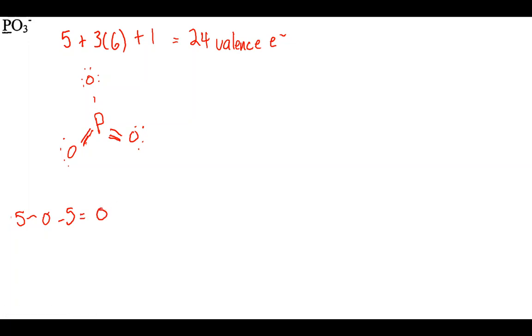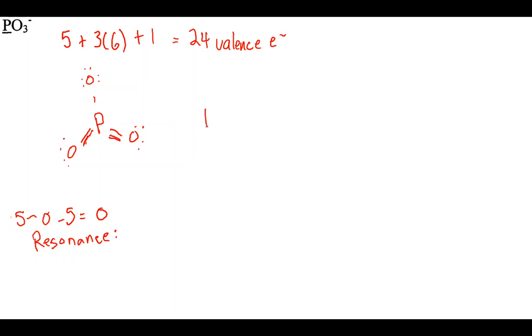And then the question of, is there resonance possible? In this case, yes, there is. Oh, wow, that's not how you spell resonance. Resonance. In this case, resonance is possible because these double bonds could shift.